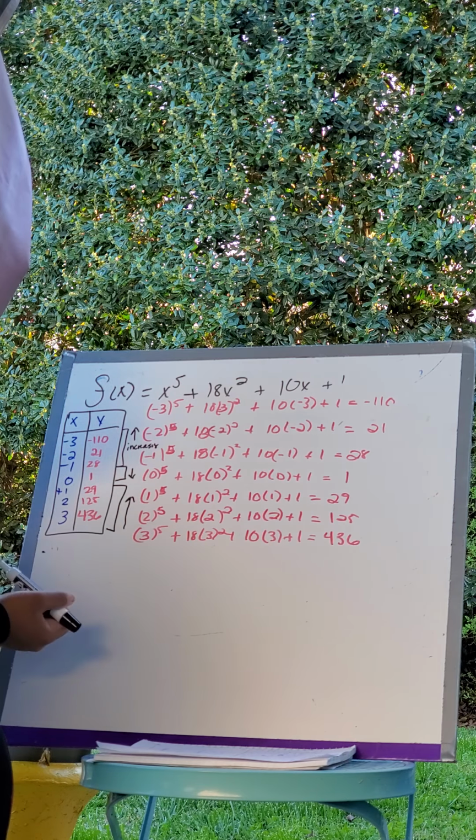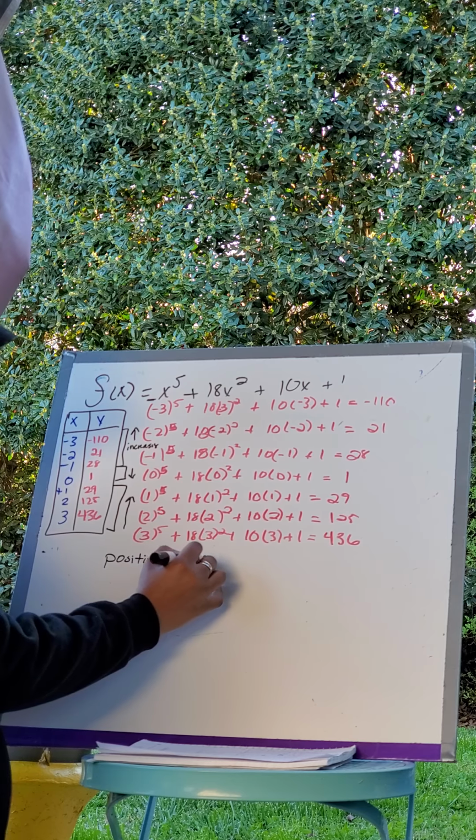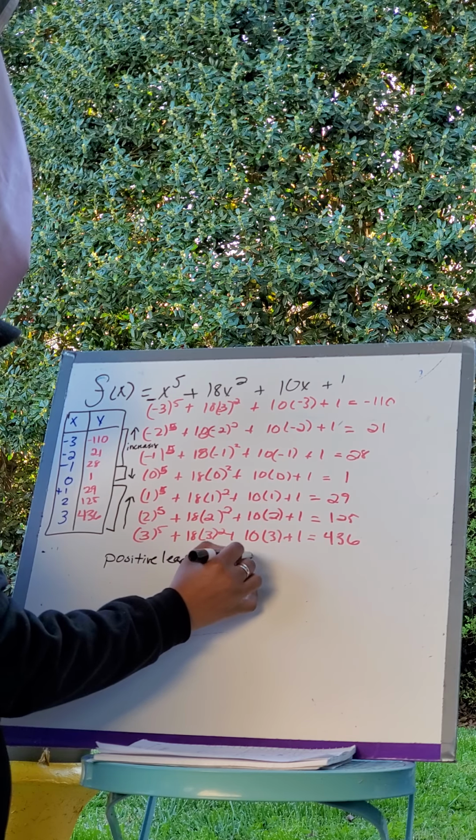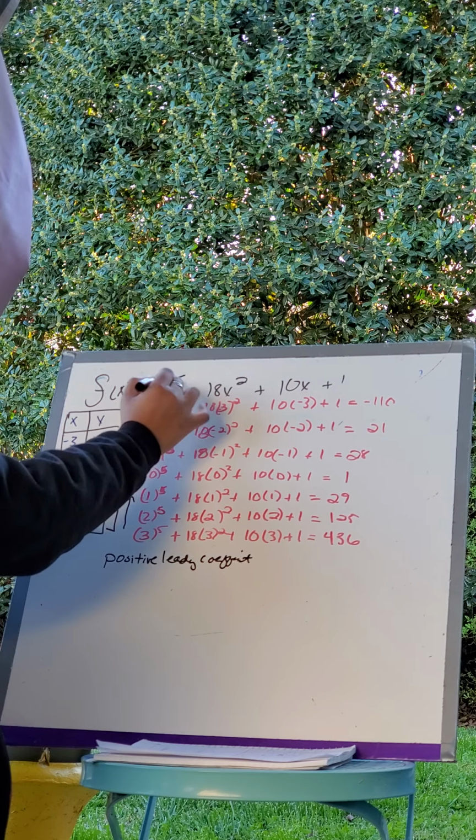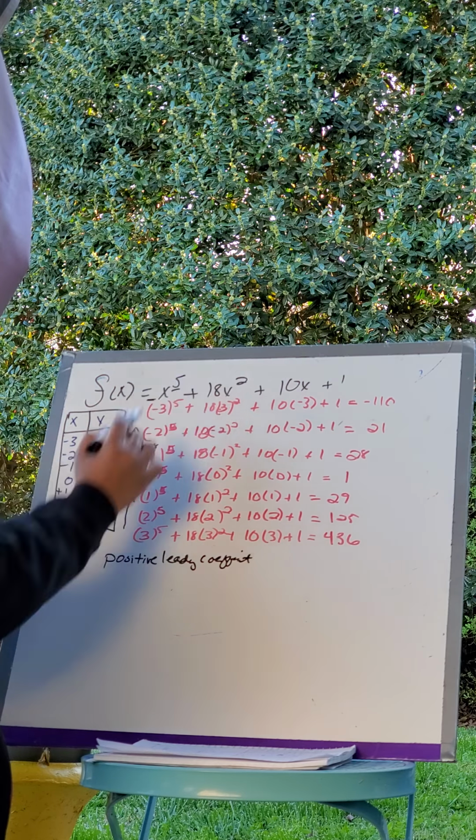So what they wanted us to do in the second part is to just list some things that we can see. So one thing we can see is that we have a positive leading coefficient. We have an odd degree. So we actually look on our chart.